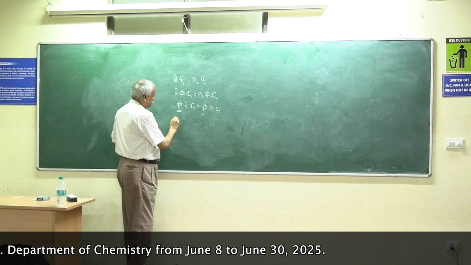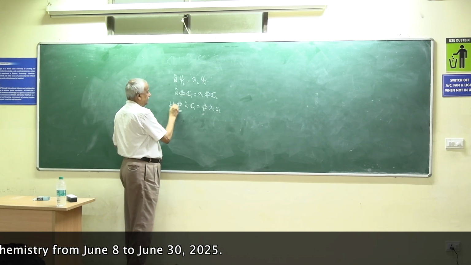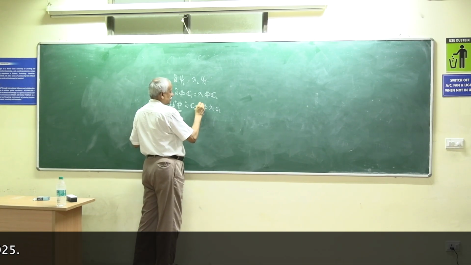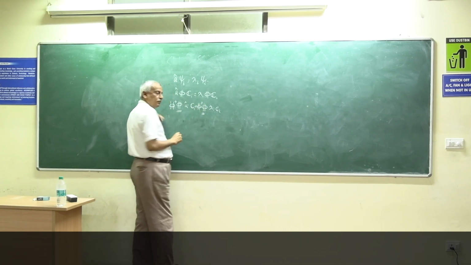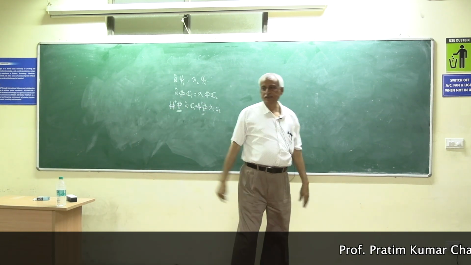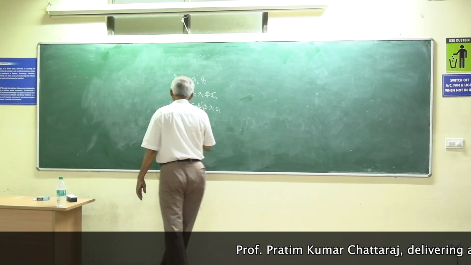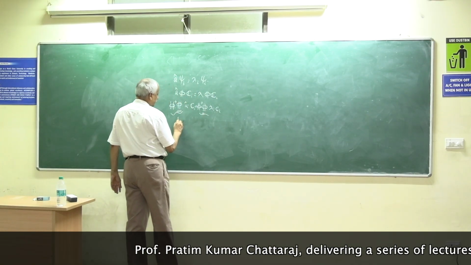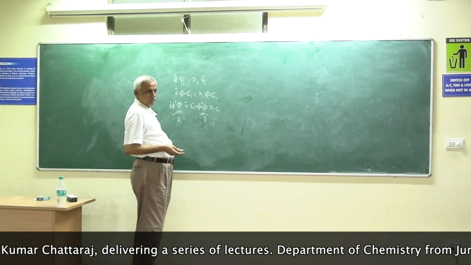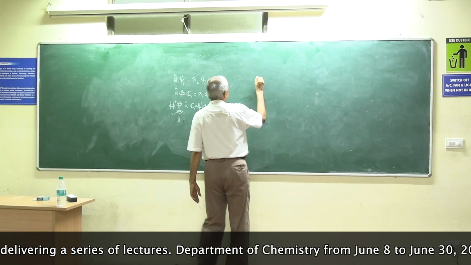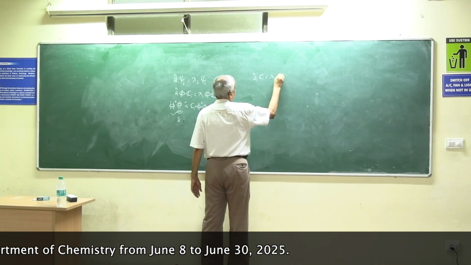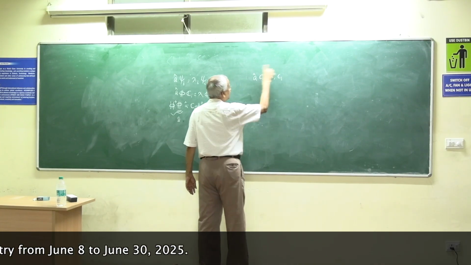I again pre-multiply by phi dagger. Here also I pre-multiply by phi dagger. So this phi dagger phi is the unit matrix, that is multiplication by 1 just. So what I get is A C_i is lambda_i C_i.